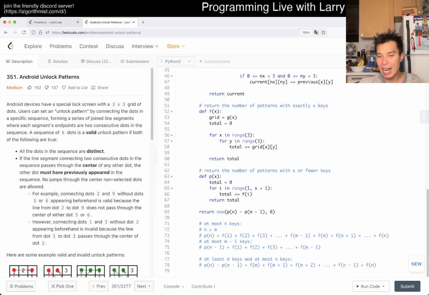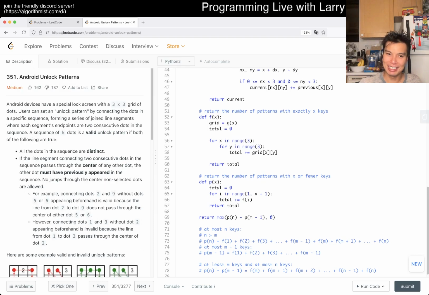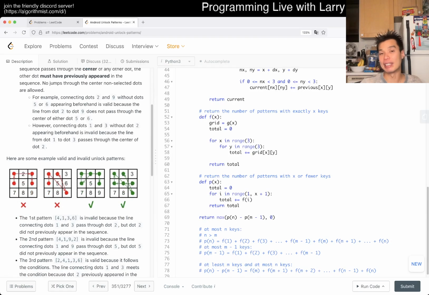Okay, so now we have to change how we want to write it, right? And of course, because of the distinctness, there's really no other way than brute force, right? There are a couple of ways you can maybe think about this, but in the worst case it's going to be 9 factorial because there are 9 cells.